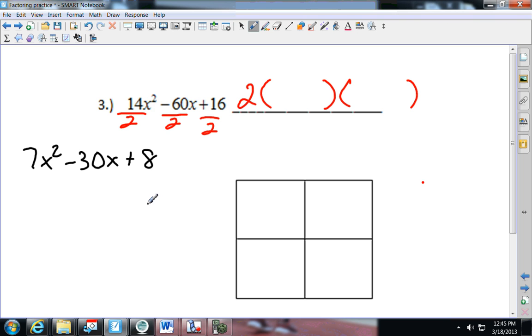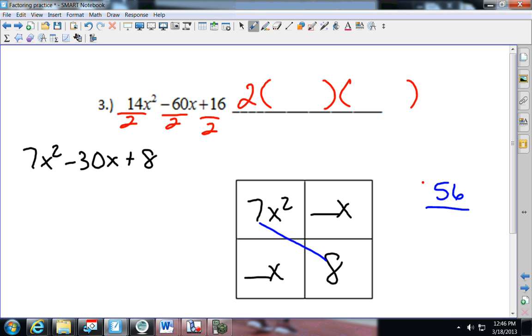This now is what we put in the box. So I'm going to put 7x squared and 8 down here. Something x, something x. Now, multiply the 7 and the 8 right here. You get 56. Now we need to try and find the factors of 56.